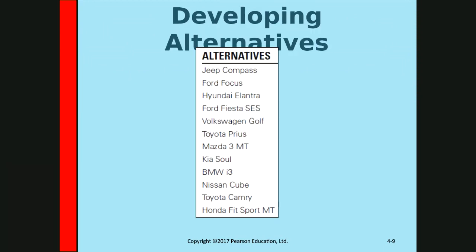Next, the example we are using is cars. So this buyer will start to write down all the alternative cars that they can buy. Anyway, I personally feel that is too much.